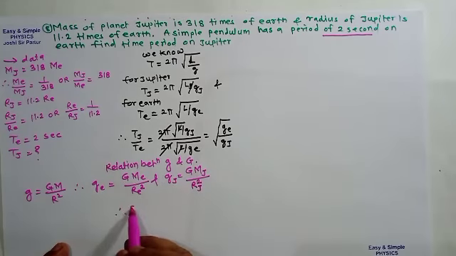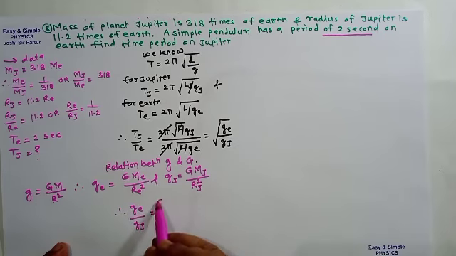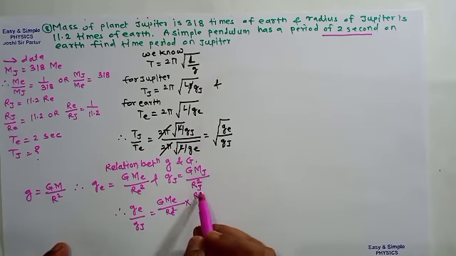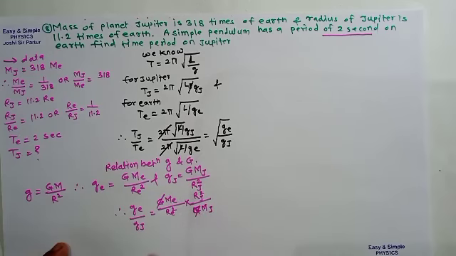If we divide g Earth upon g Jupiter, it will be capital G m Earth upon radius of Earth square multiplied by radius of Jupiter square upon capital G mass of Jupiter. So capital G gets cancelled. g of Earth upon g of Jupiter is equal to mass of Earth upon mass of Jupiter multiplied by radius of Jupiter upon radius of Earth, bracket square.